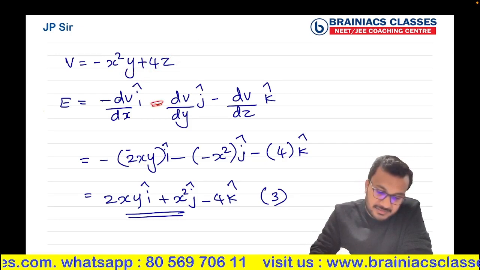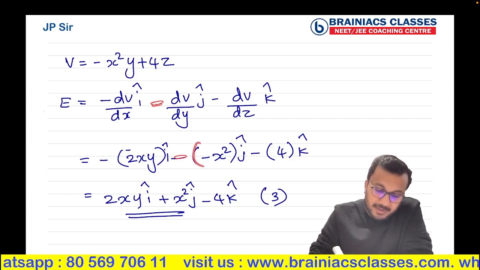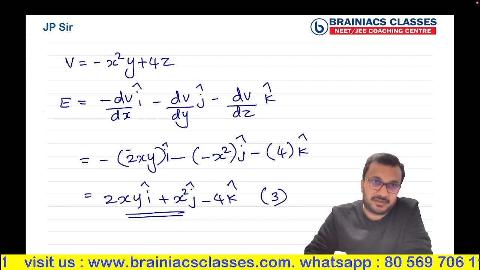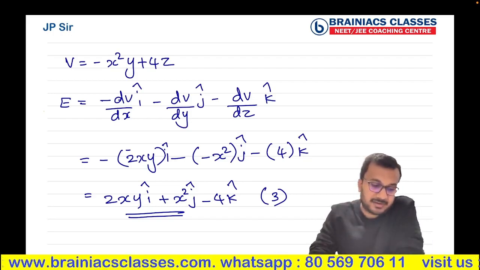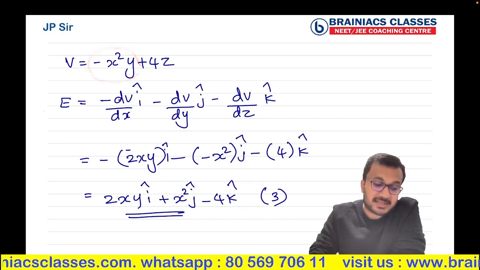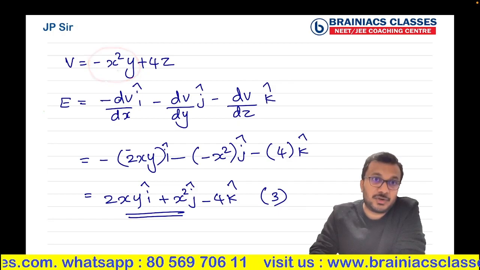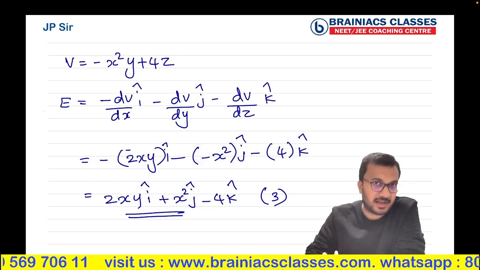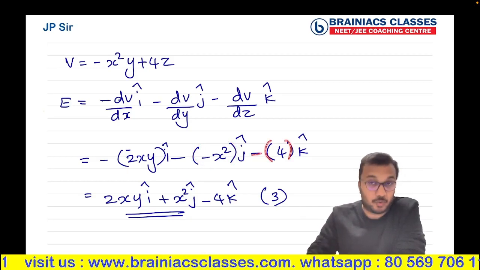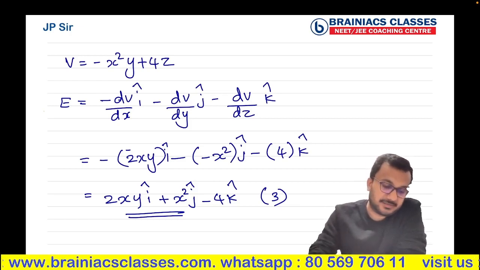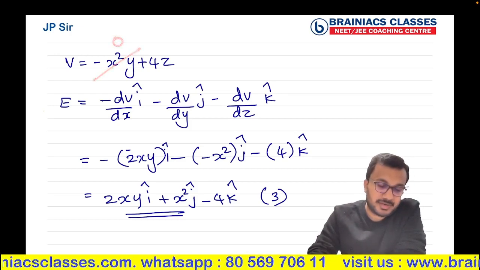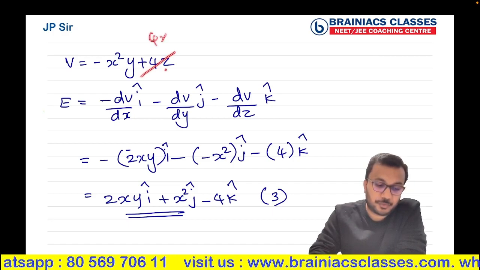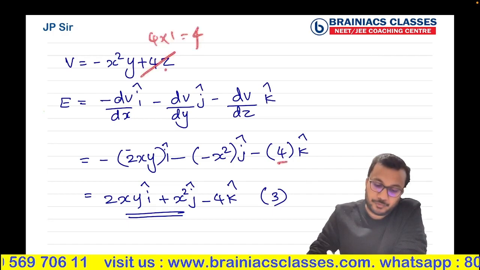Next, this minus, open a bracket. dV by dy: minus x square is a constant, into differentiation of y which is 1, so only minus x square into j cap. Minus, immediately open a bracket, dV by dz: the first term has no z, so it is 0. The z differentiation gives 1, so it is 4 into 1 equals 4.